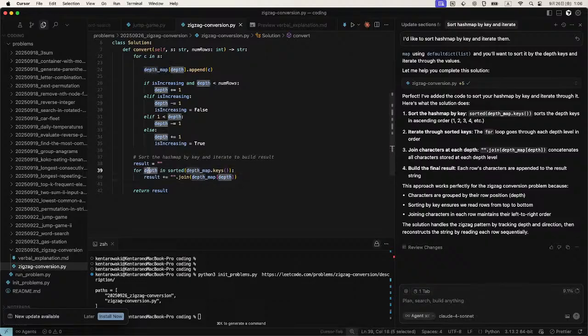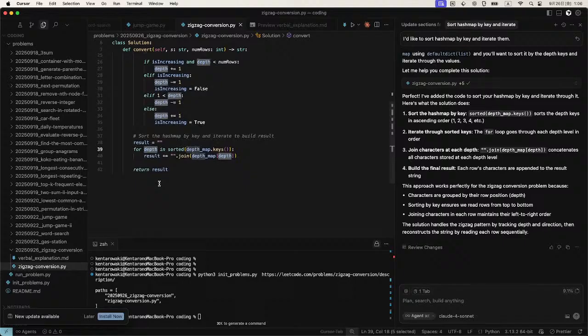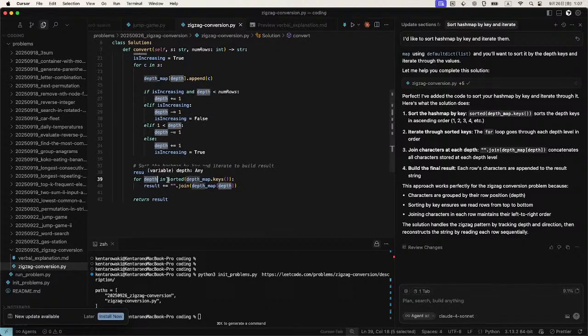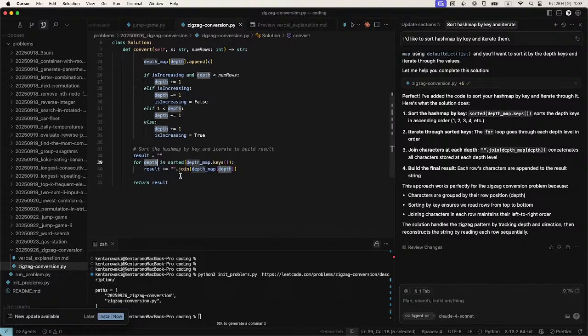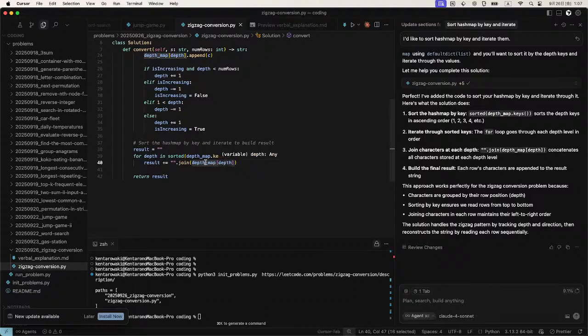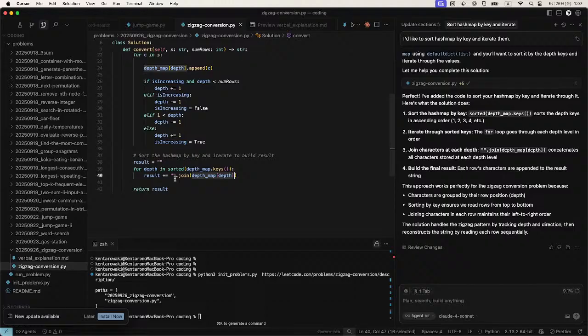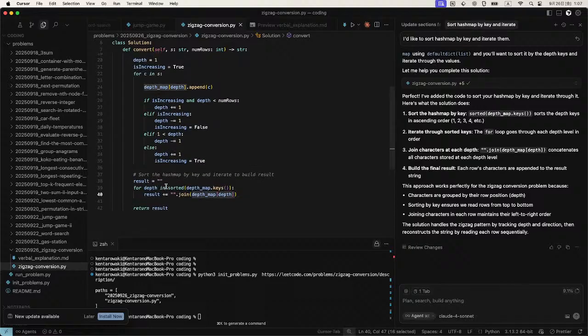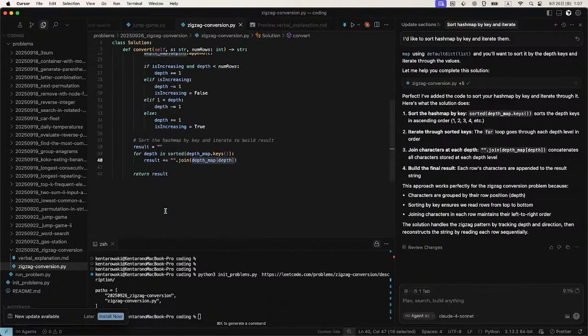Okay, and we can take depths in ascending order, and we access the value by key, by depths, and make it a string and concat strings and return it.